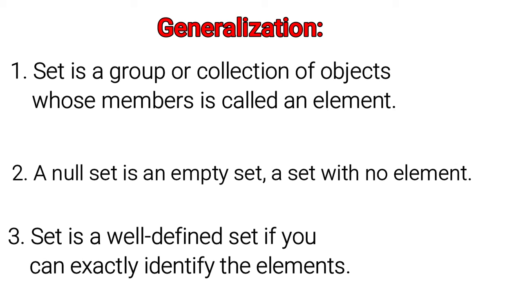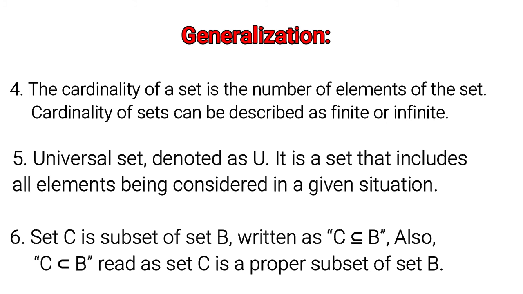Number 2, a null set is an empty set, a set with no element. Number 3, a set is a well-defined set if you can exactly identify the elements. Number 4, the cardinality of a set is the number of elements of the set. Cardinality of sets can be described as finite or infinite.